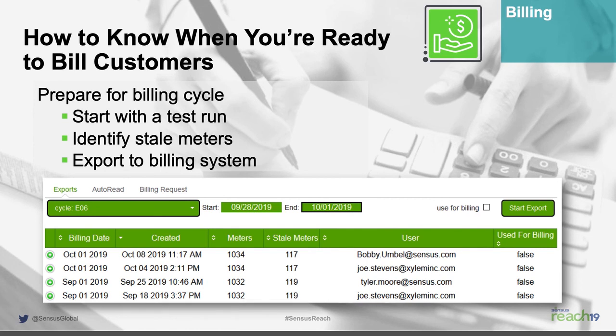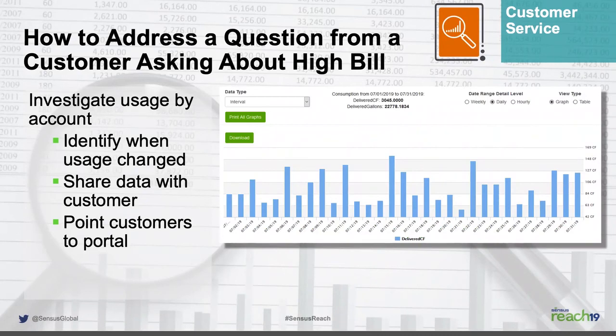And if you are set up with auto read, you can create your list of meters, load it into that system, and then go get those reads, bring them back, and import them into Sensus Analytics. So you can support your AMR, AMI system from Sensus Analytics.